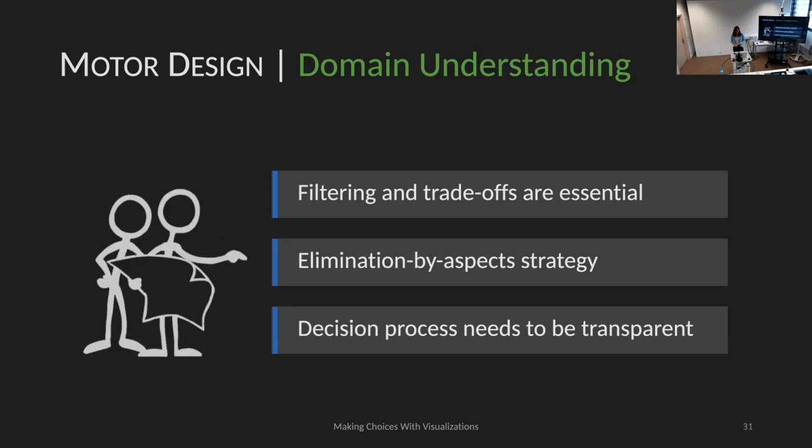We found the expert's workflow to be most similar to what decision theory calls the elimination by aspect strategy, where options are filtered into acceptable and unacceptable regions until the final choice remains. And finally, as we already heard earlier, motor designers also need to be able to justify their decisions in front of their customers.